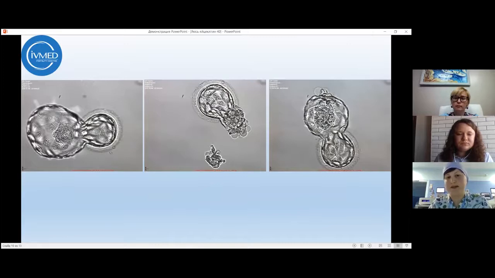It's completely open again, and you cannot even see the place where the biopsy was taken. So for genetic checking, biopsy is a very good technique.